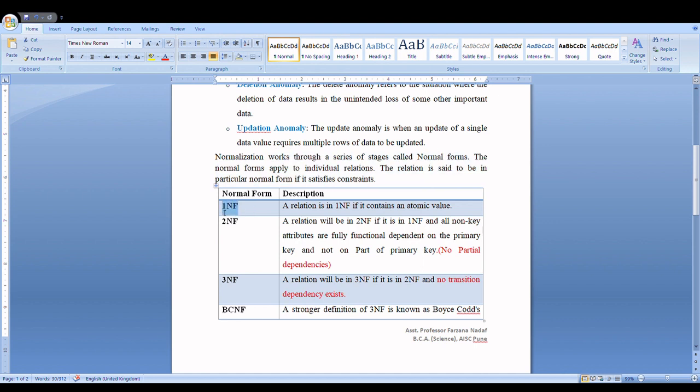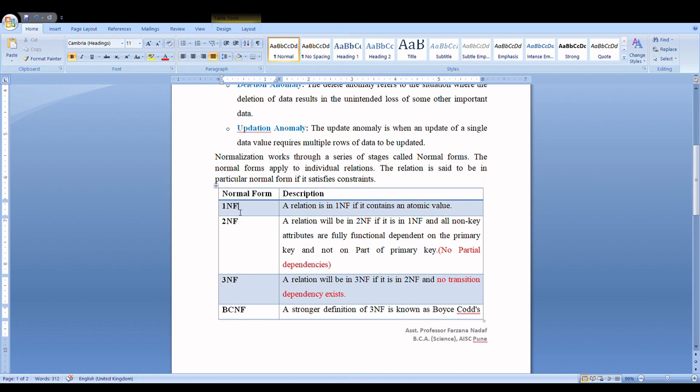So, first normal form. What is first normal form? A relation is in first normal form when it has all atomic, single values. A single cell can contain only a single value. No two values are allowed in a single cell. Let's say this field has the value 1NF.